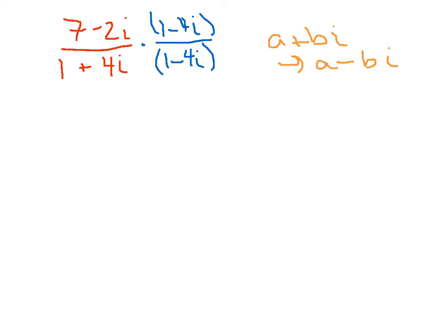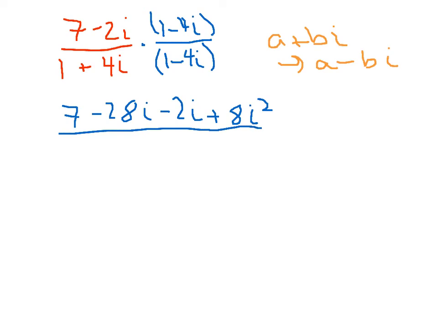So the plus bi and the minus bi is what really makes it work. So when you do that, if we were to FOIL out the top, we get 7 minus 28i minus 2i plus 8i squared. That's what happens when you FOIL out the top.